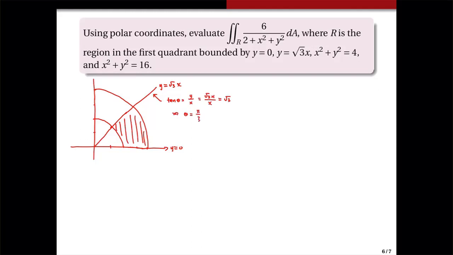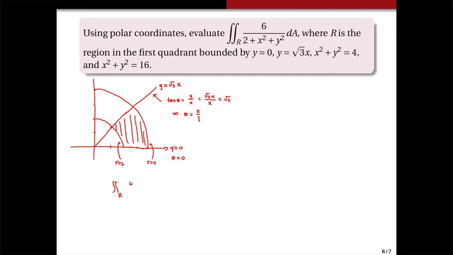Sine pi over 3 is square root of 3 over 2, and cosine of pi over 3 is 1 over 2, so tangent is square root of 3. And of course, y equals 0 is just theta equals 0. Then the circle here is r equals 2, and this one is r equals 4.